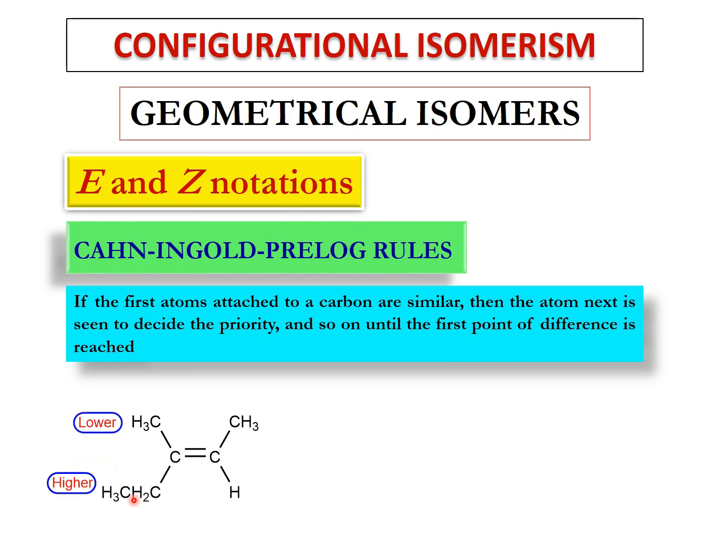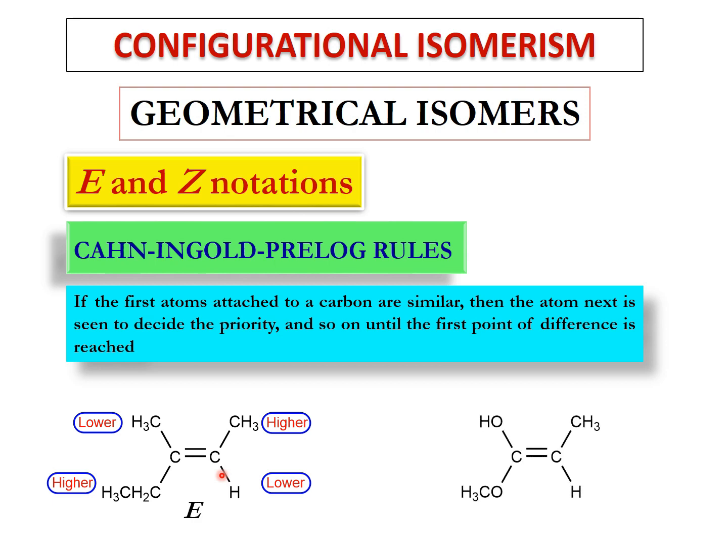So you proceed atom by atom to assign priorities to the groups attached. On the right hand side, it is obvious we have a carbon and a hydrogen, so you can assign priorities easily. Now you see that the higher priority groups are on opposite sides of the carbon-carbon double bond. So this molecule has an E geometry.